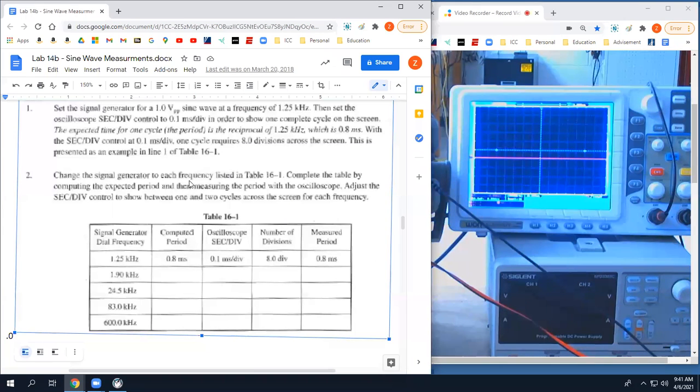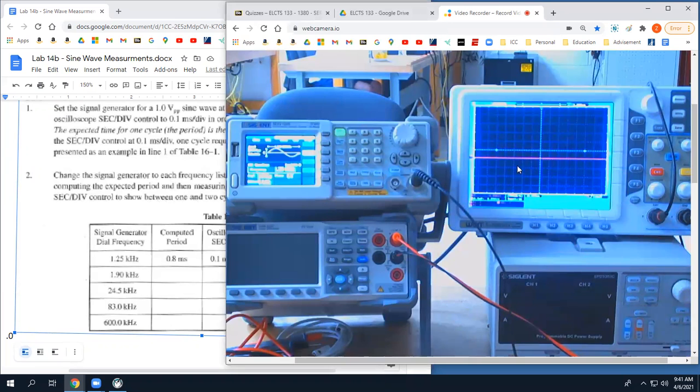Change the signal generator to each frequency as listed in table 16-1. Complete the table by computing the expected period and then measuring the period with the oscilloscope. Adjust the seconds per division control to show between 1 and 2 cycles across the screen for each frequency. I'm going to go ahead and hook up the function generator right to channel 1, which I've got displayed.